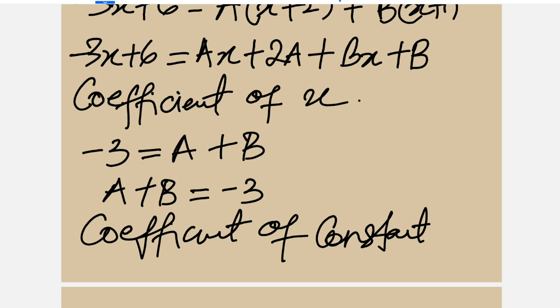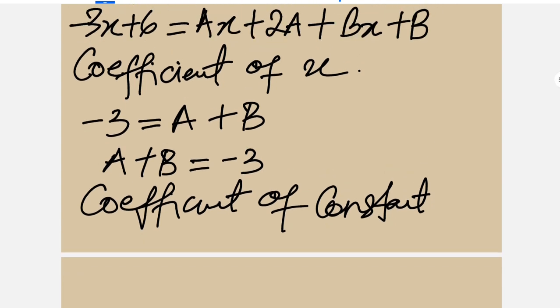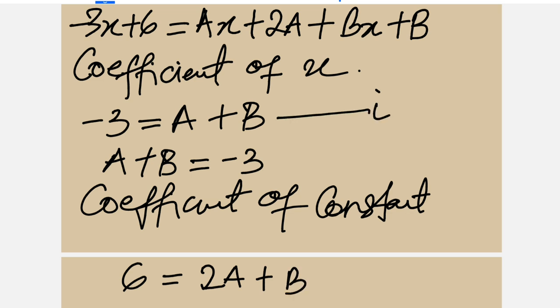So from the coefficient of the constants, we have 6 is equal to 2a plus b. We note this one as equation 1. We note this as equation 2.